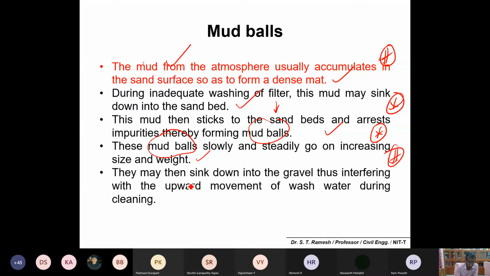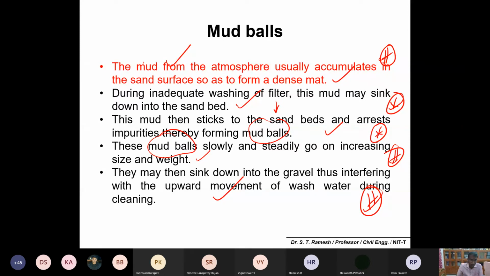Please make a note: all your filters are open, and because of the atmospheric mud it may form a dense mat at the top of your filter bed. During inadequate filter washing, these mud balls may sink down layer by layer, and during the downward movement, because of the velocity of the water, there could be a formation of mud balls.